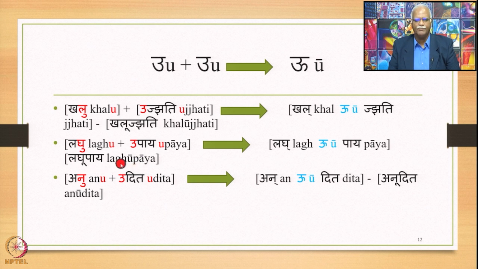Another example of a compound is anu plus udita. Anu has u at the end, followed by udita, which has u at the beginning. Since this is a compound, samhita is obligatory and therefore 6.1.101 applies and generates the output in the form of an, u and dita. When they are joined together, you get anudita.